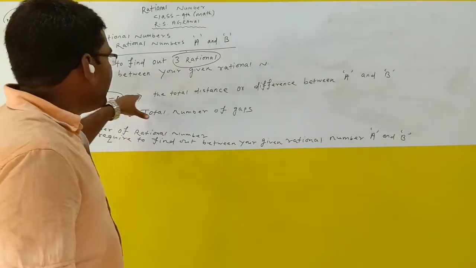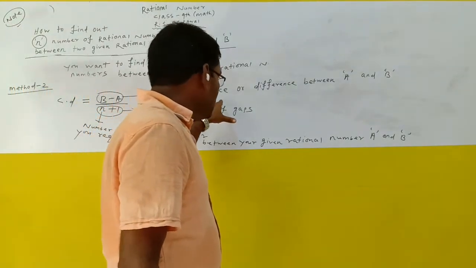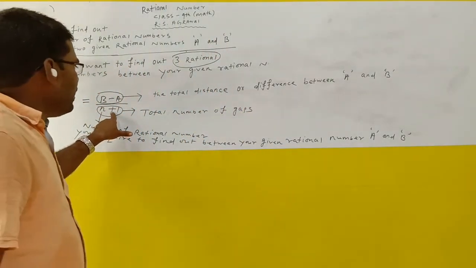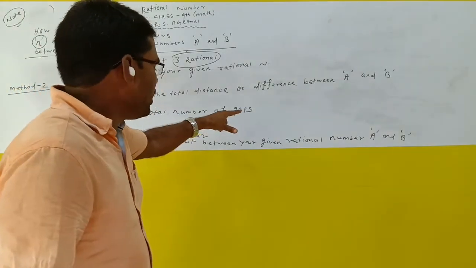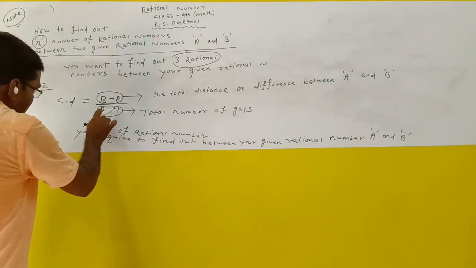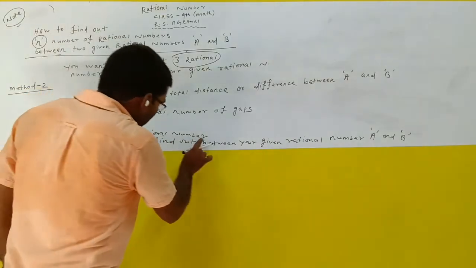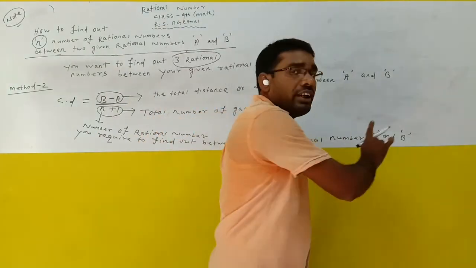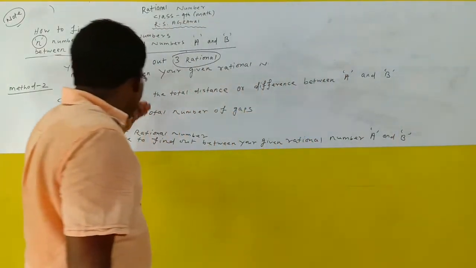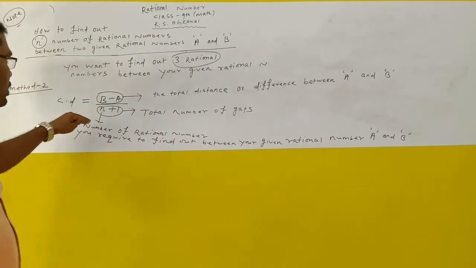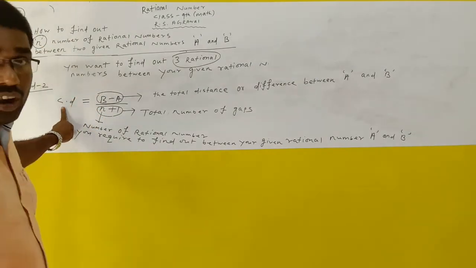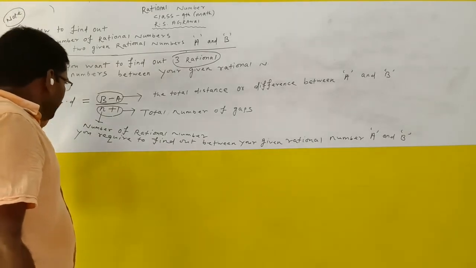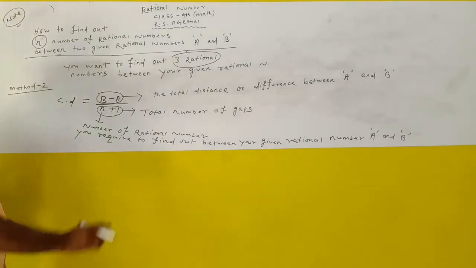Here b minus a indicates the total distance or difference between A and B, n plus 1 indicates the total number of gaps, and n indicates the number of rational numbers you require to find between A and B. So simply use this formula to find the CD or common difference. So students, first note it.